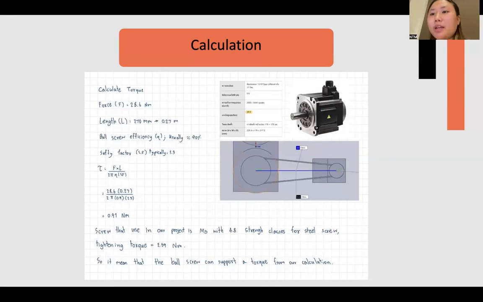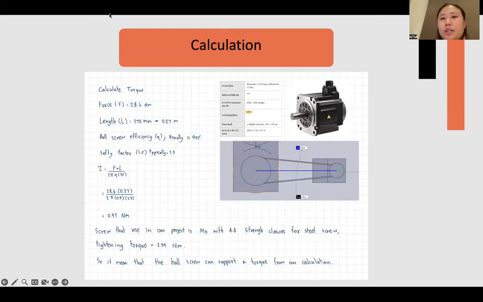Next, in the calculation part, we calculate the torque for the ball screw or the shaft. We use 28.6 newton meter for the force, 0.27 meter for the radius, 90% ball screw efficiency, and 1.5 for the safety factor.